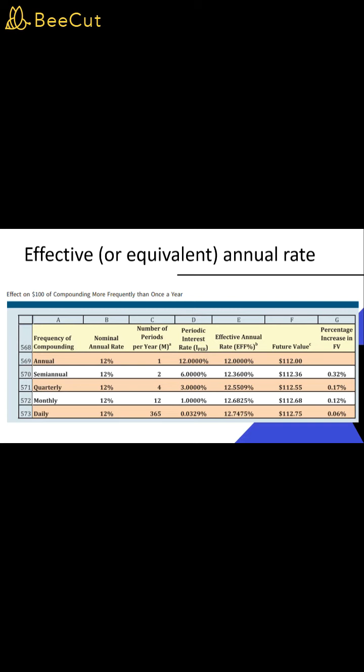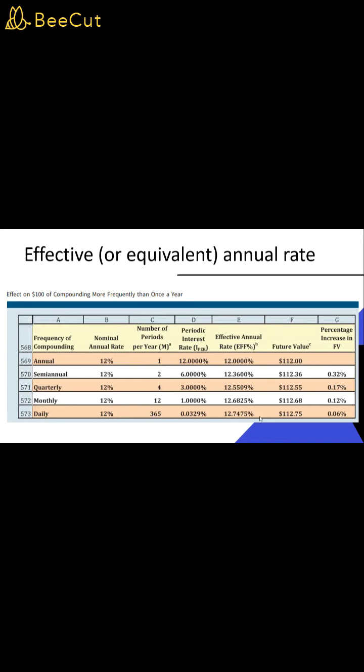What you see is that if the nominal interest rate is the same and the number of times the interest rate is being compounded is increasing, then the effective annual rate goes up, right? So if compounding is happening daily, that means 365 times there's going to be compounding of the interest rate.